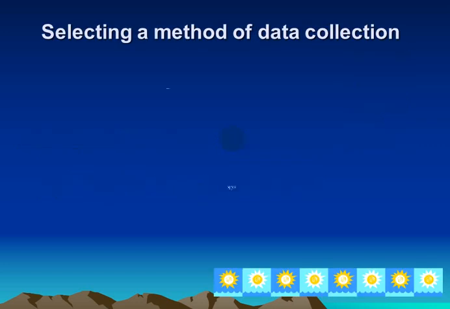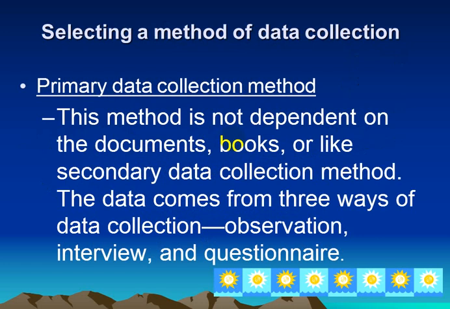All right. So primary data collection method is not dependent on documents, books, or secondary sources. Like I mentioned earlier, the data comes from three ways of data collection. One we call observation, the second one we call interviewing, and another one we call questionnaire.